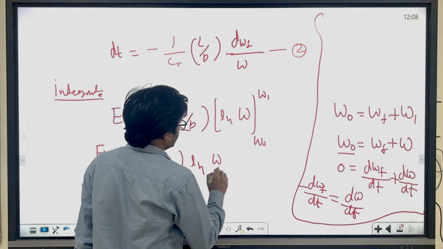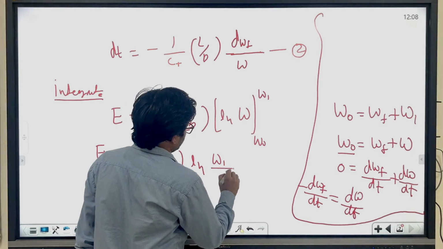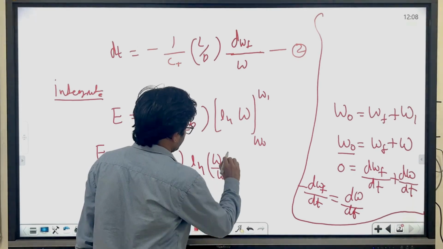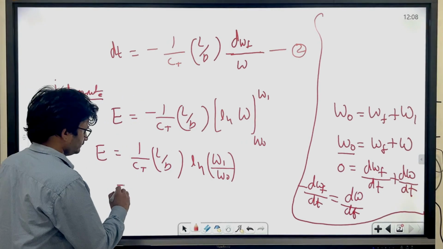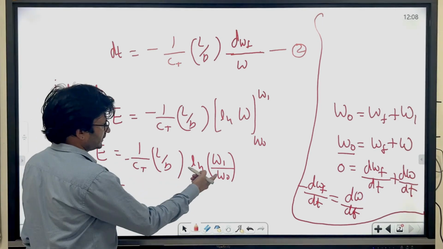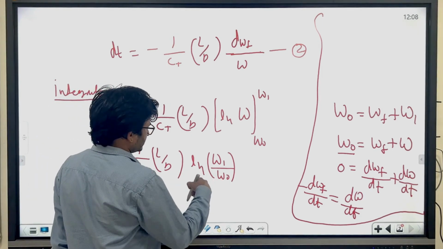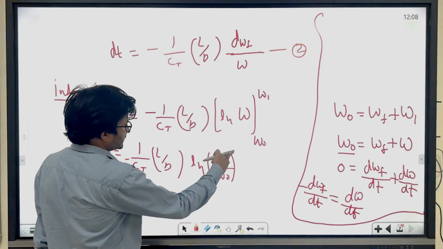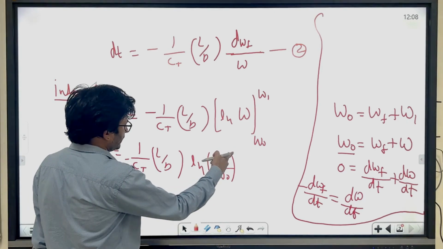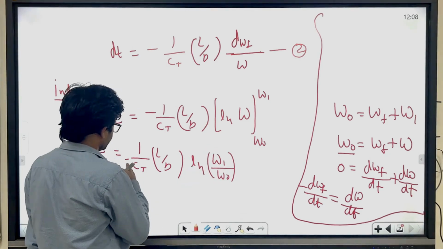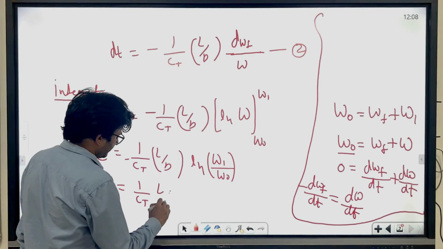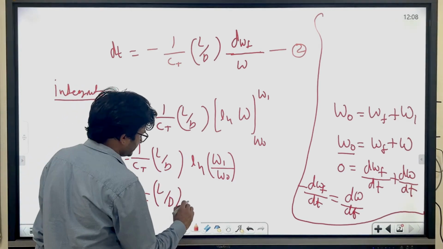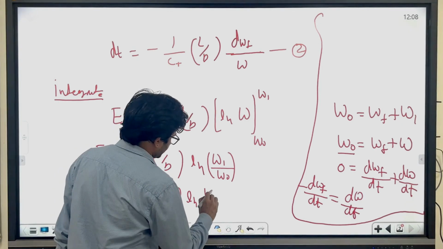So this you can further write from the log. Now this is a minus sign, you just reverse this, so minus 1 will come here, and then from the log arithmetic properties, this minus 1 and this minus 1 will make it positive, and finally you will get this expression, ln W naught.